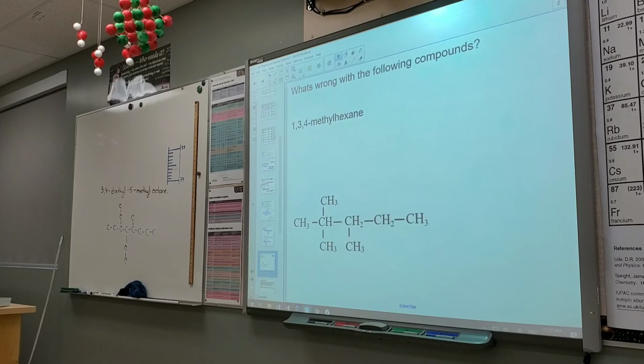Is this correct? Would that be the longest parent chain? Yes. It's like word hunt, right? Should only have one hydrogen? This isn't supposed to have any.